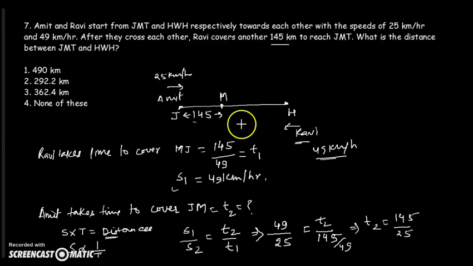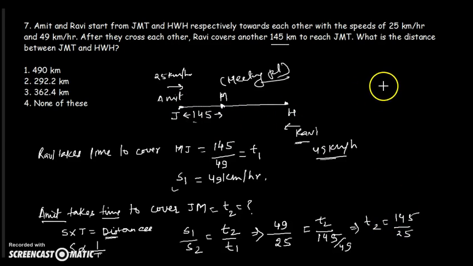Now T2 is the time that Amit takes to cover this distance, right? And this is the meeting point. You know that this is the meeting point when both of them travel towards each other. Amit also starts from here and Ravi also starts from here. So in the same time T2, Ravi would have covered H to M. So what is the total distance?